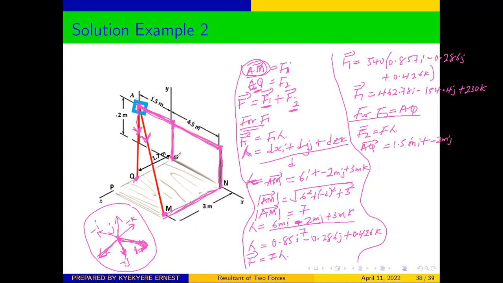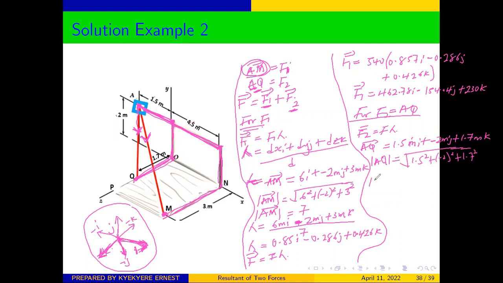And then from there, we move on the z, this distance. Look at the direction. It is in the same direction with our positive z. So our distance on the z is also going to be positive, and that will give us 1.7 meter k. Once you have been able to establish that, you can get the magnitude of AQ. The magnitude of AQ will be equal to the square root of 1.5 squared plus negative 2 squared plus 1.7 squared.